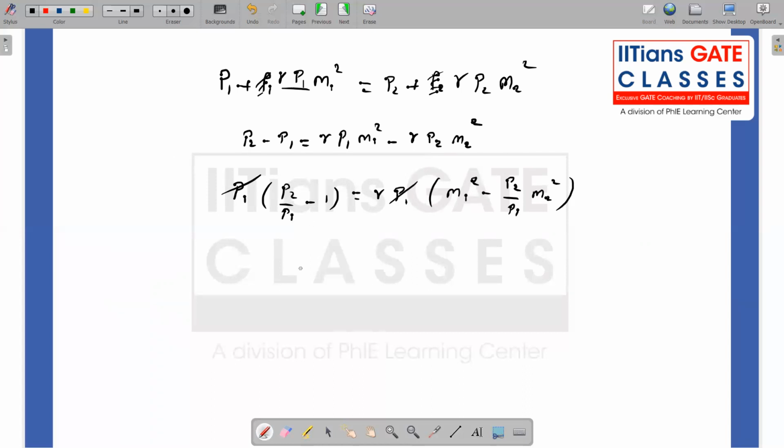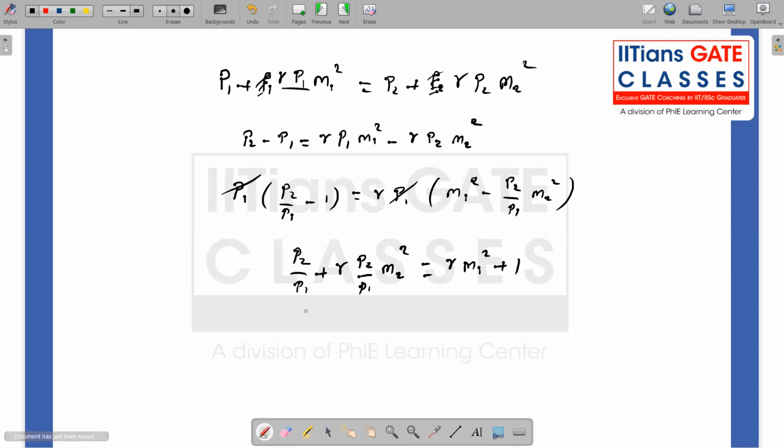So if I do so, what happens is P2 by P1 plus gamma P2 by P1 times M2 square is equal to gamma M1 square plus 1, right?